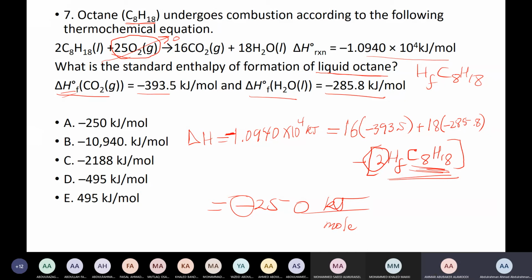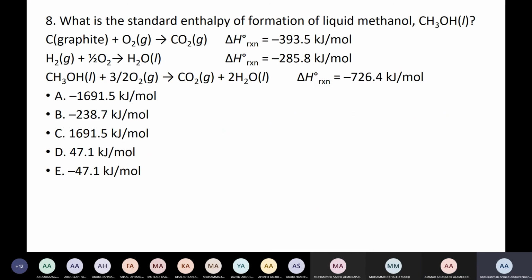No. Delta H for the reaction is equal to the summation of heat of formation of products minus the summation of heat of formation of reactants. That's what I did. Okay? Yes. Good. Let's go to question 8.